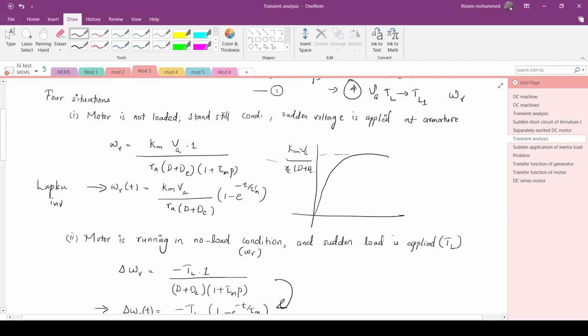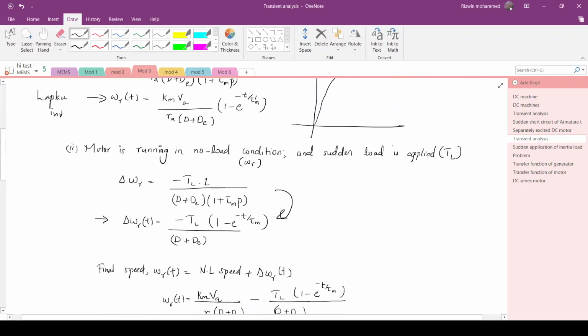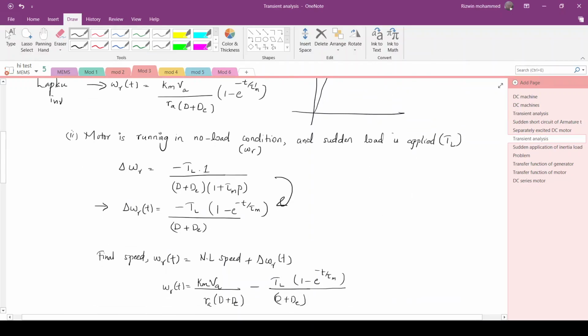So this is the steady state final speed attained by the motor after applying a step armature voltage.